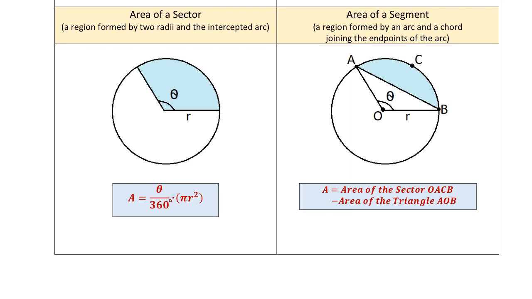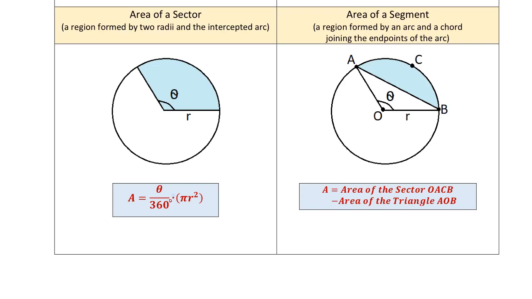The fraction in front of pi r squared tells us how much of the whole area of a circle we are finding. For example, if theta is 90 degrees, then 90 degrees over 360 degrees is 1/4 of the area of the circle. The last formula is the area of a segment.